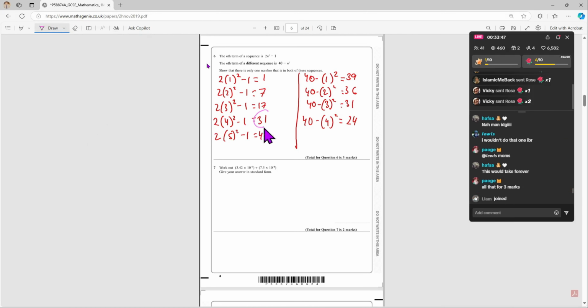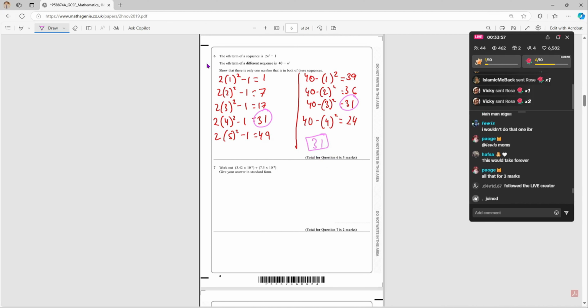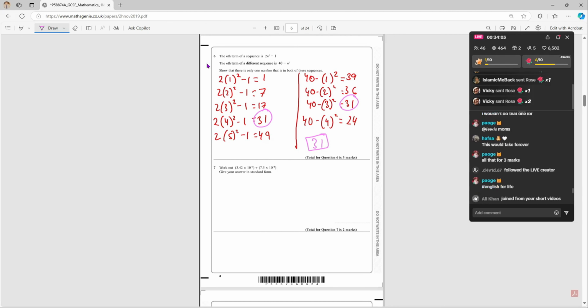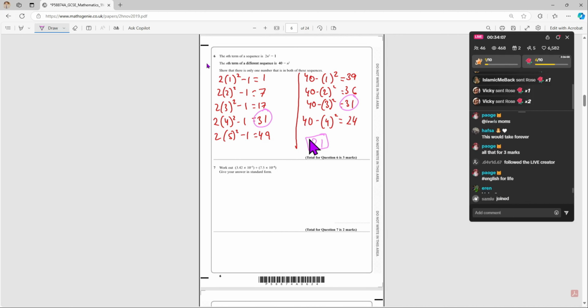We have 31 here and 31 here. And that is basically our answer, 31. So I think this method will be the best one to solve this question, because I don't think there's an algebraic way to do this. Yeah, this is the higher paper, guys, the higher paper.